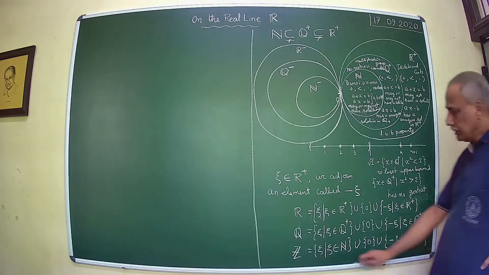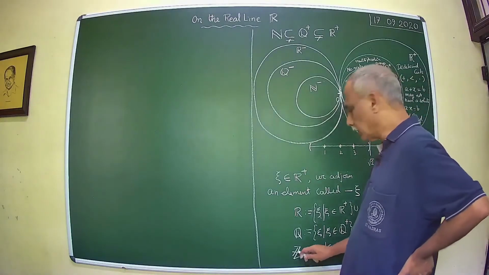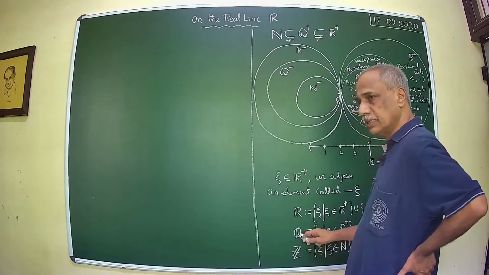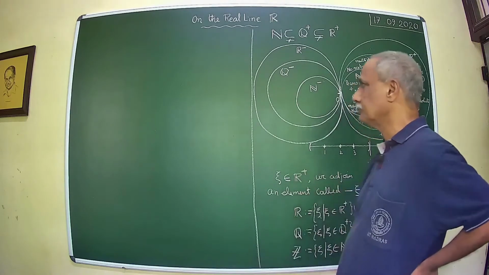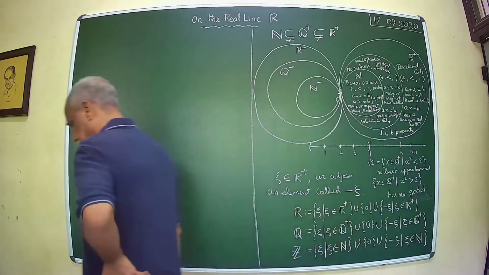So these are called the set of integers, these are called the set of rationals, these are called the set of numbers. Okay, fine.